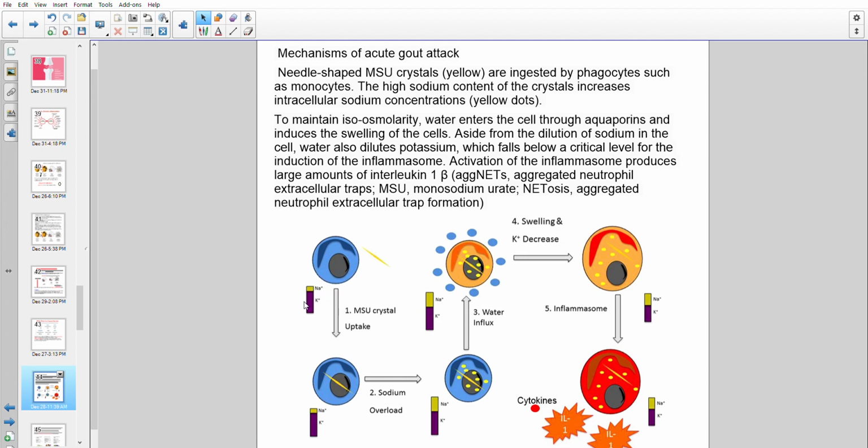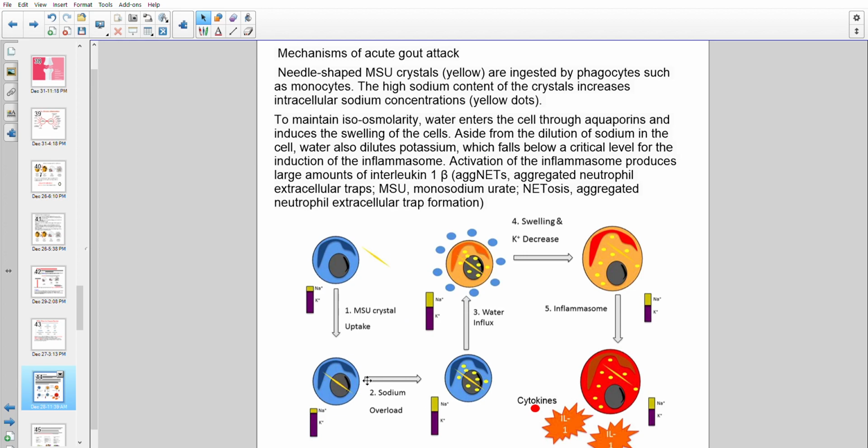In this diagram, the concentration of sodium inside is low, and high in concentration of potassium. This is very important to keep the cell balanced in what we call the osmolarity. If you change the concentrations of sodium and potassium, then water goes in and the cells swell up. So here we go, MSU crystals uptake.